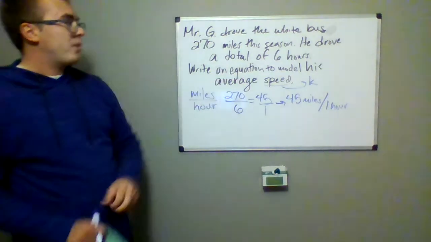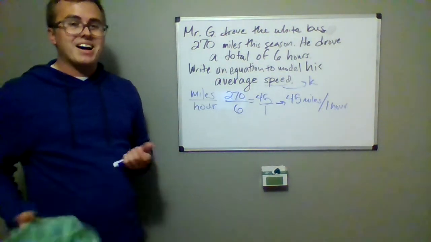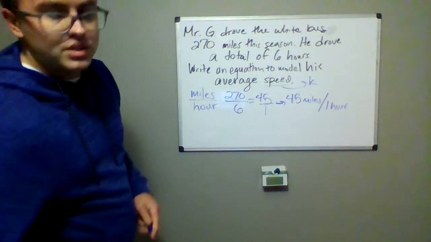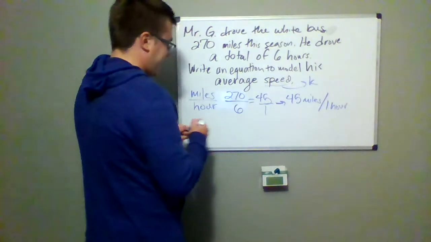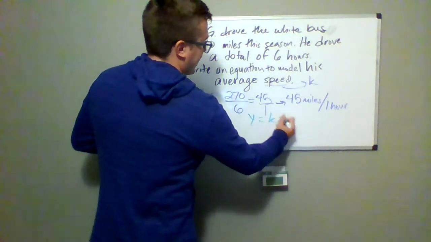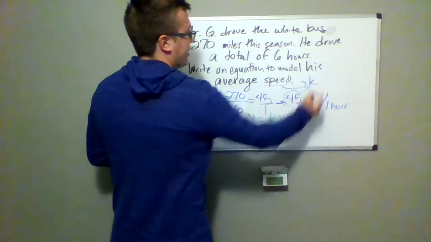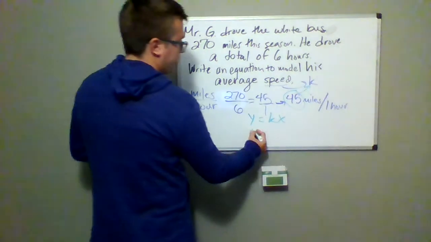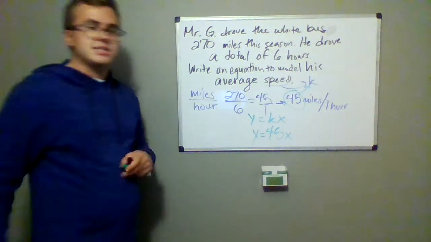Now, we need to make sure that we're answering the question here. It says write an equation to model the average speed. So in this case, we're still dealing with direct variation, so we want to plug it in to y equals kx. And we just figured out that our k value is 45, so we would have y equals 45x.